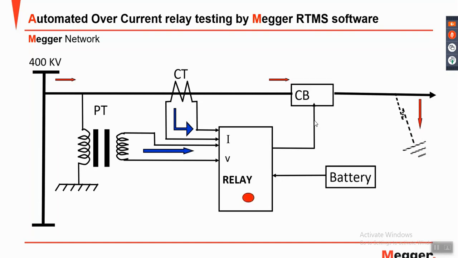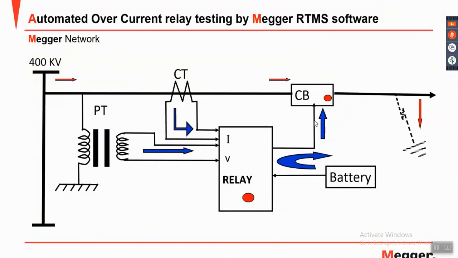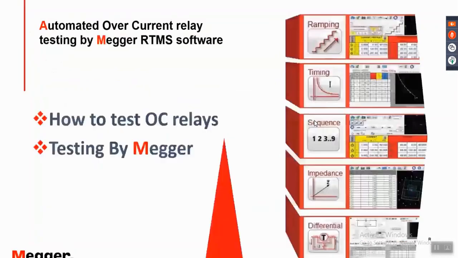My CT and my VT will give the relay the information. Relay will process that information. If it meets the set value, automatically it's going to send an output, and this output will go to the circuit breaker to open and isolate the fault. So basically, this is how it's going to work and finish the tripping for you.